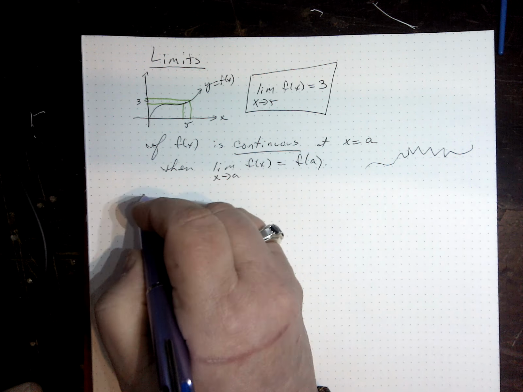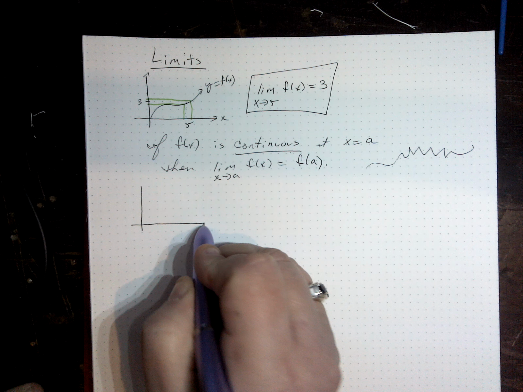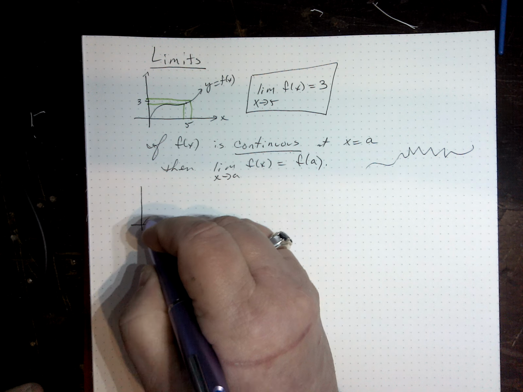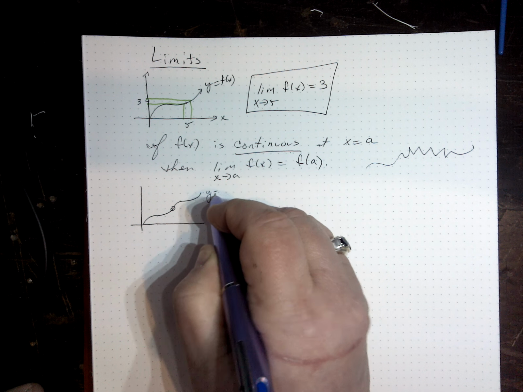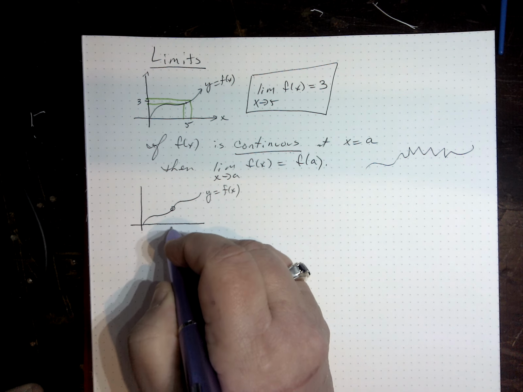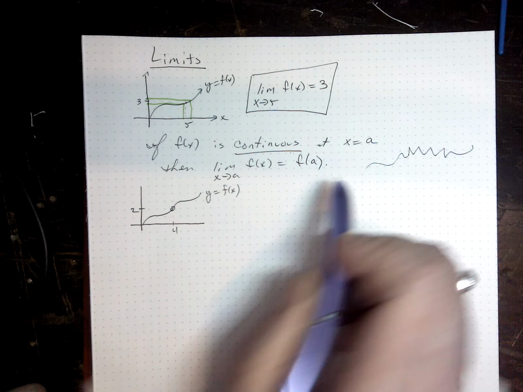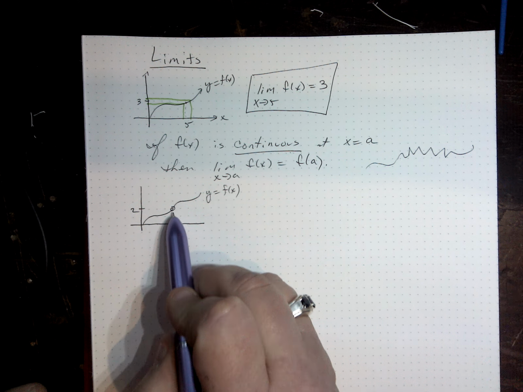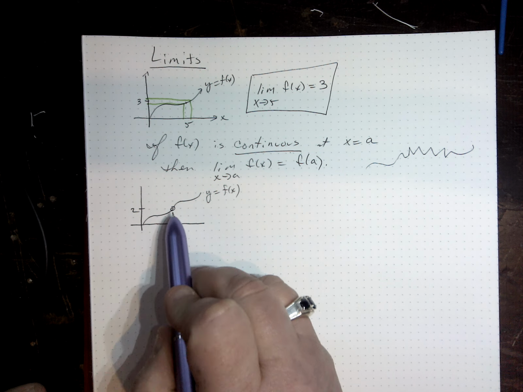So what if there is a hole in your graph? Let's say your function looks something like that. And this is what, 1, 2, 3, that's a 4, that looks like a 2. Now with limits, we don't care what actually happens at 4. This function is not defined at 4.